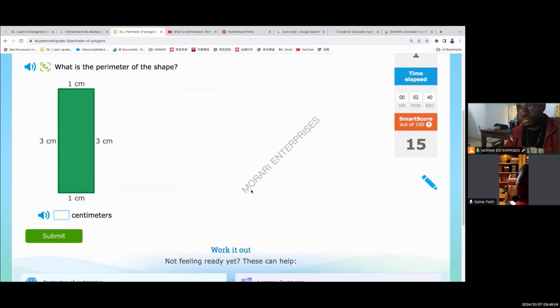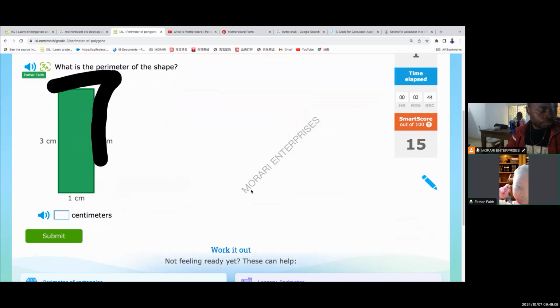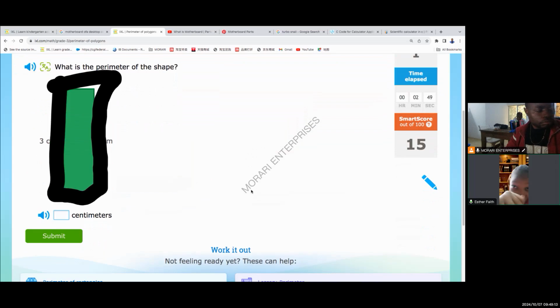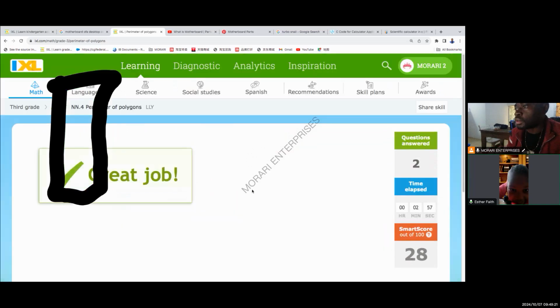What is the perimeter of the shape? 1 plus 3 plus 1 plus 3 plus 3 equals 8 centimeters. Next.